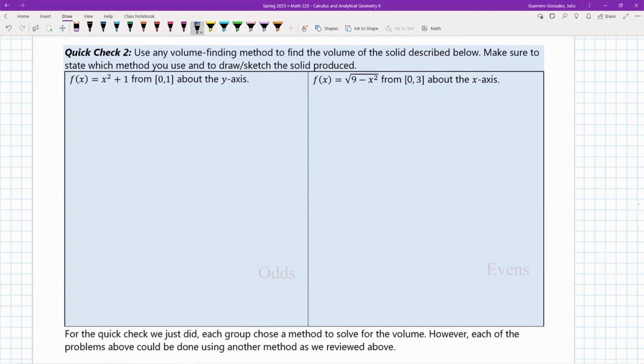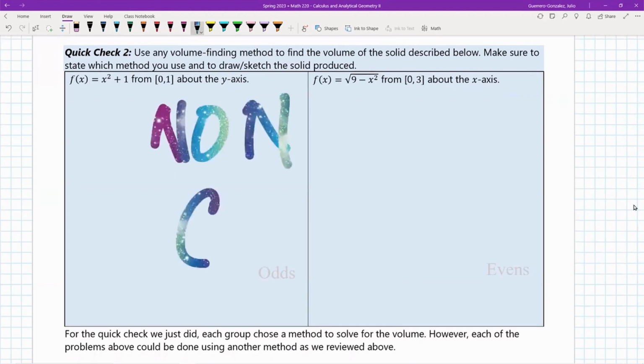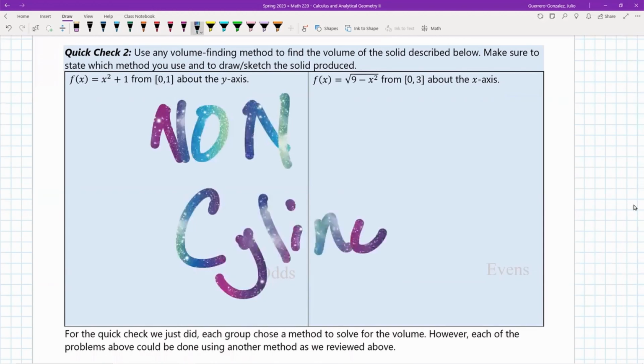What I want everybody to do in particular for this first one is to do non-cylindrical method. Non-cylinder. Okay, try to do this without using the cylinder method. So washer method, disk method, use one of the other methods to find the volume for this shape.